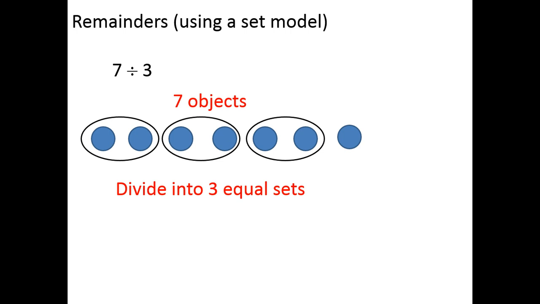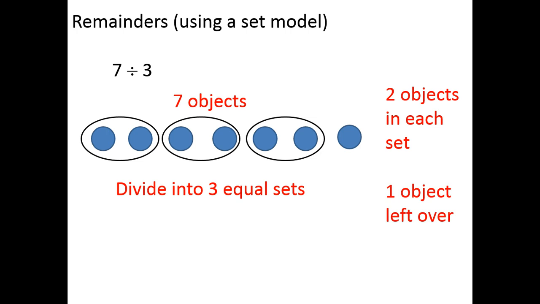So if we do that, we end up with 3 equal sets that each contain 2, but there's this one object left over that we can't put inside any of the sets, otherwise the sets would be unbalanced. So the 2 objects in each set is our quotient, and the 1 object left over is our remainder. So that tells us that 7 divided by 3 is 2 with a remainder of 1.